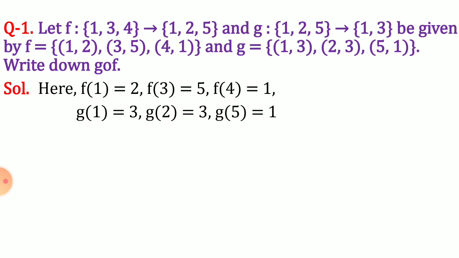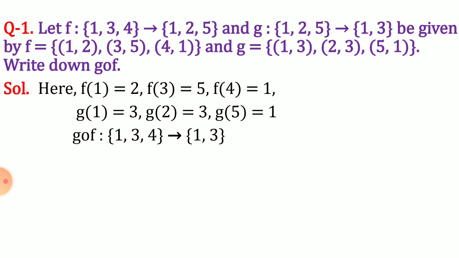Okay, so now for every x, g composition f is from {1, 3, 4} to set {1, 3}, because range of f is a subset of domain of g. Here {1, 2, 5} and domain of g is {1, 2, 5}, that means the codomain of f is equal to the domain of g.